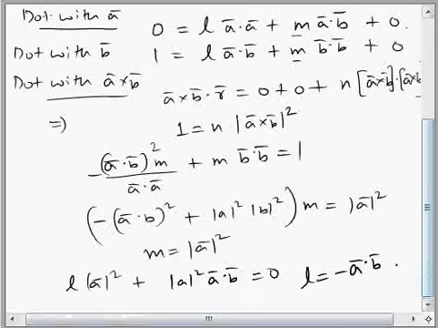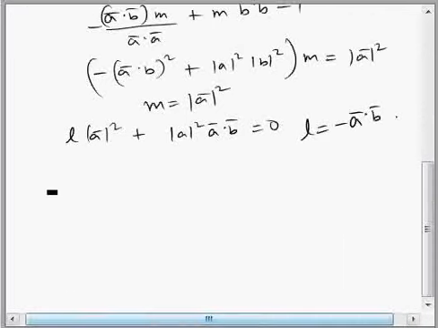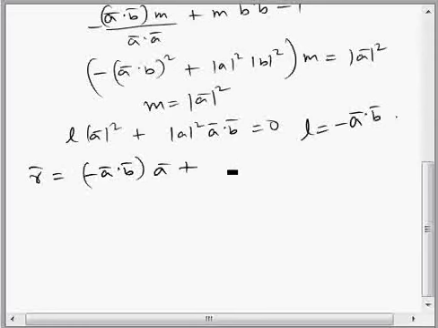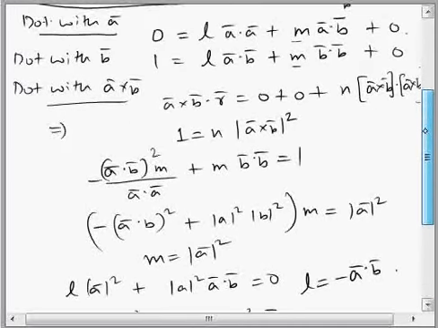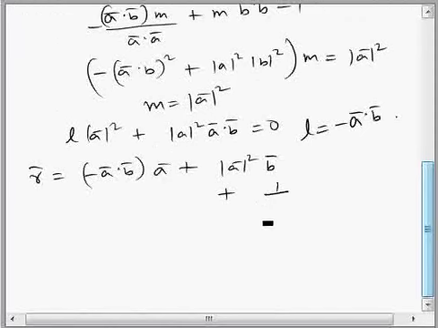Now if we replace all three values, we get vector r equals L times a, that is minus a dot b into a vector, plus M times b, that is mod a square into b vector, plus N times a cross b, where N is 1 by mod a cross b square.